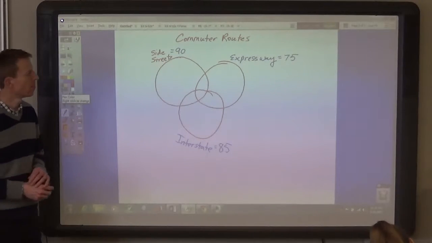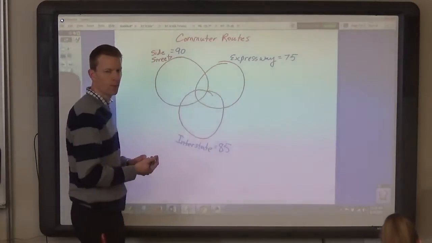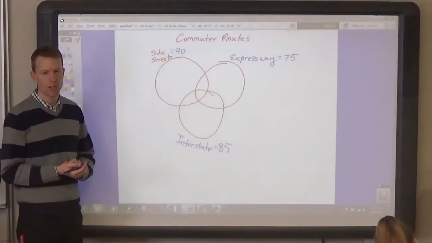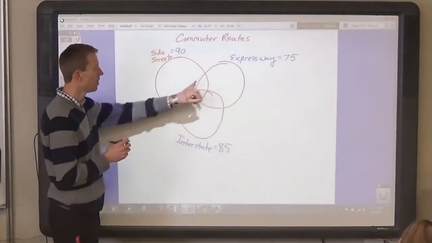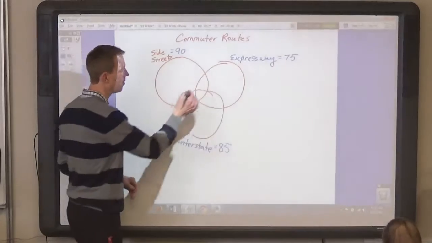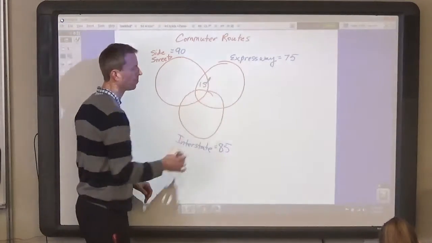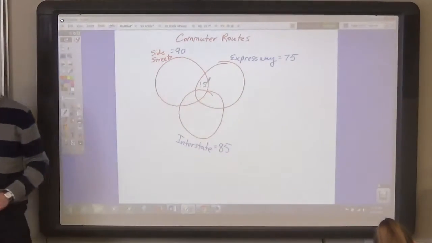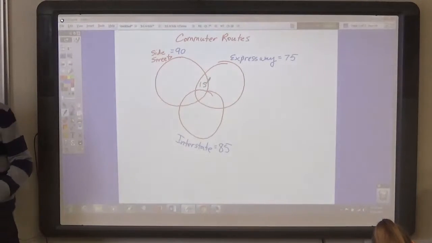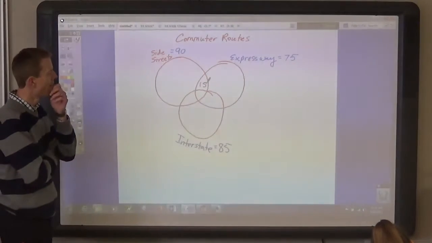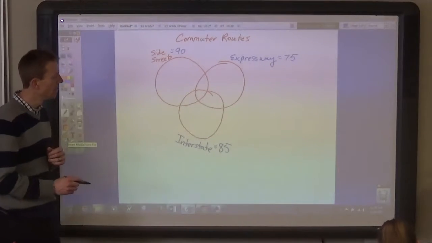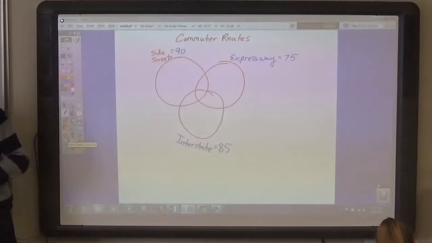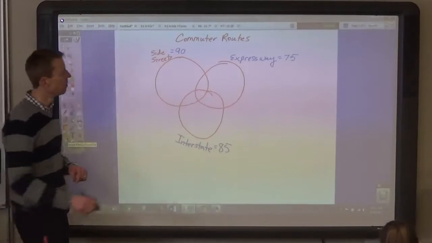Which one is both side streets and expressways? Maya? On the top. Yeah, the intersecting top one. 15. Oh, wait a second though. In your book, they have that divided into side streets and expressways.